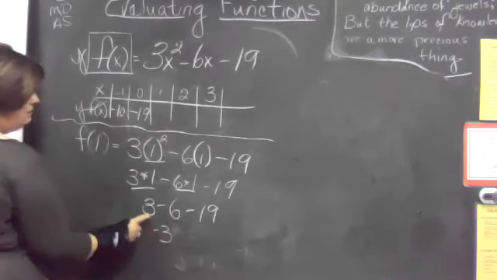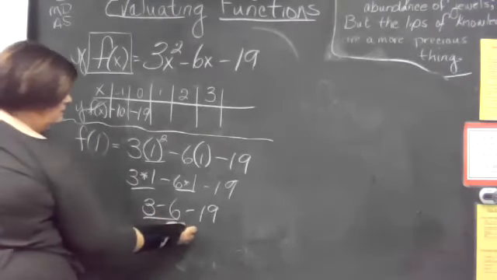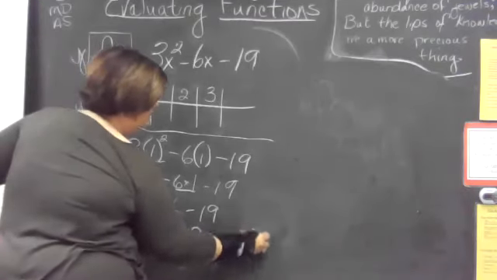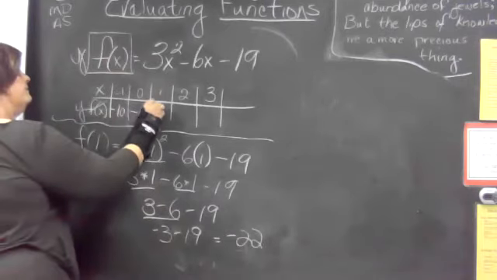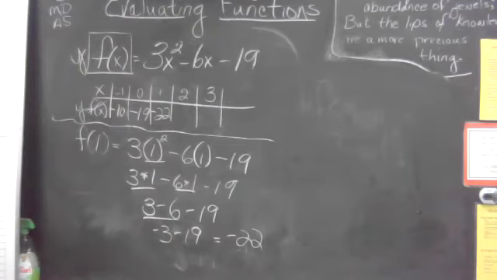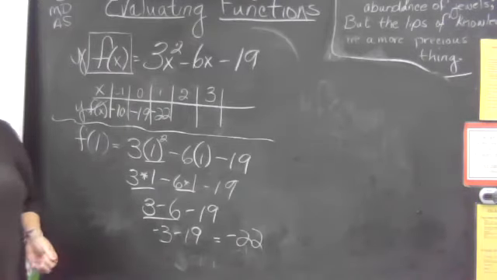So negative 3 minus 19 equals a negative 22. Okay. Any questions so far? Let's do the last two if you don't have questions.